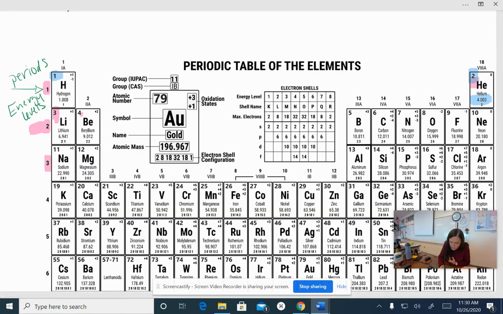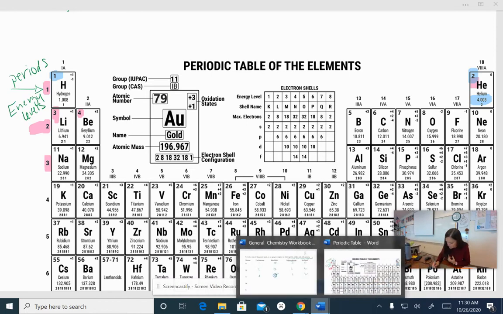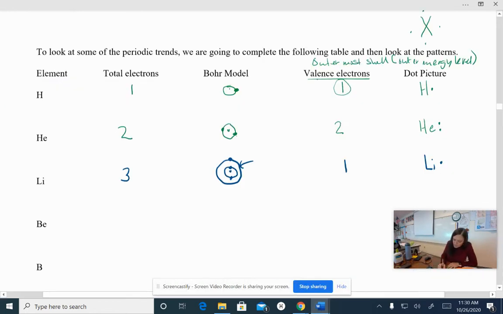Okay, let's look at beryllium. So beryllium, I now have 4 electrons. I'm still on that second energy level. So beryllium, 4 electrons. The first 2, and then the second 2.